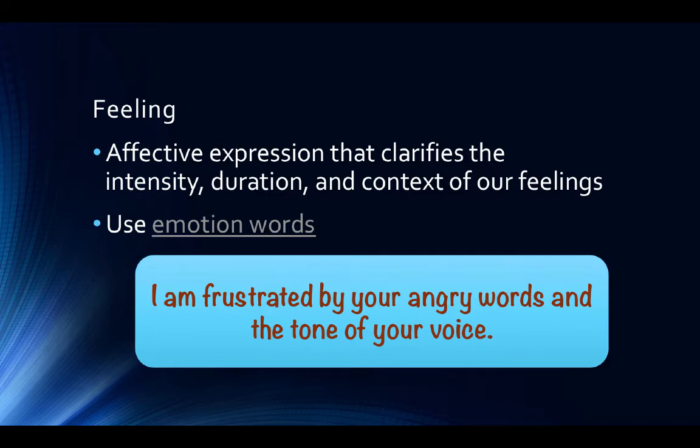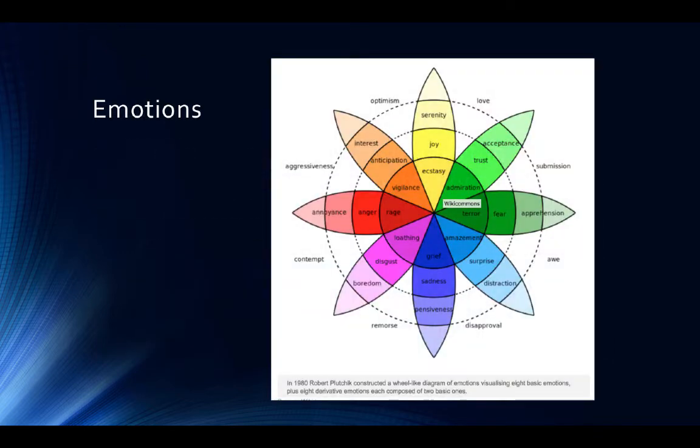Let's take a look real quickly at the emotion words that I have a link to here on this page. This is the diagram. It comes from Wiki Commons, but I actually pulled it from a Psychology Today article. That's what the link is to. That gives you a great idea of some emotion words that you may find useful.